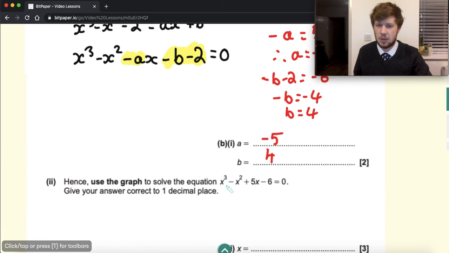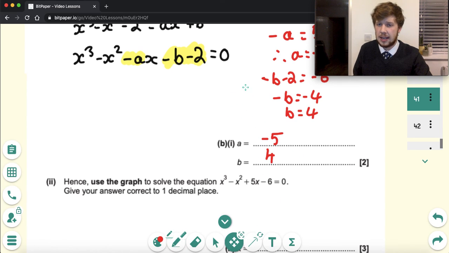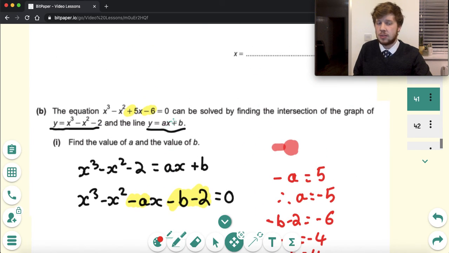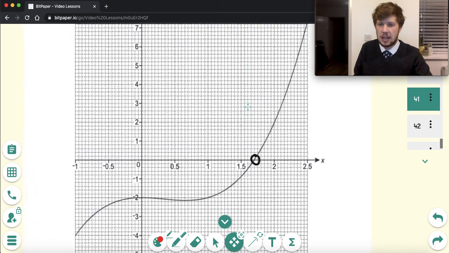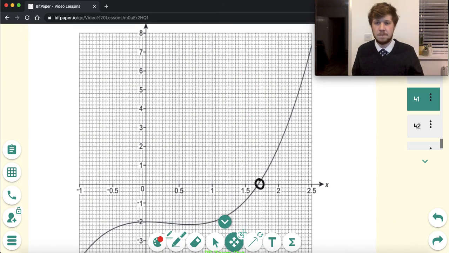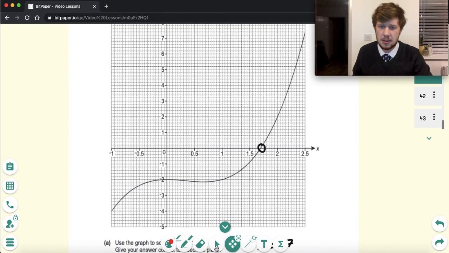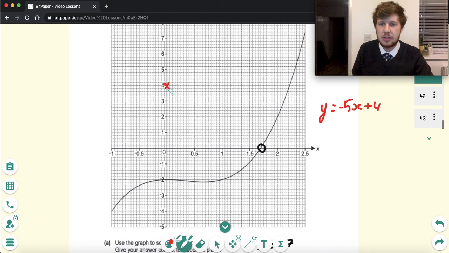Hence, use the graph to solve the equation to 1 decimal place. So what I need to do is plot this line. Now, looking at y equals ax plus b, I've got the line y equals negative 5x plus 4. I know that's going to go through at 4, and it's going to have a gradient of negative 5, so therefore at 1, it's going to go through at negative 1, which is here.